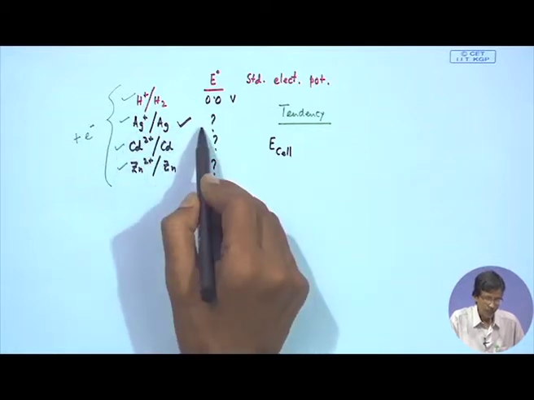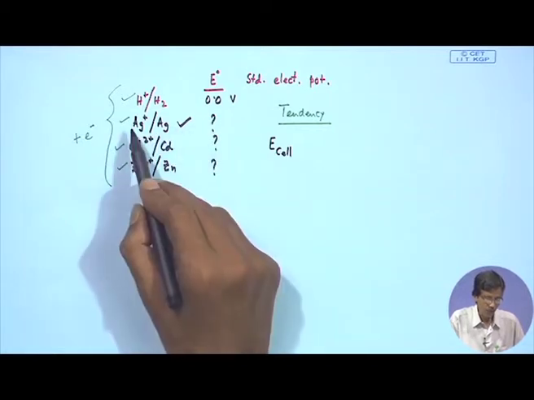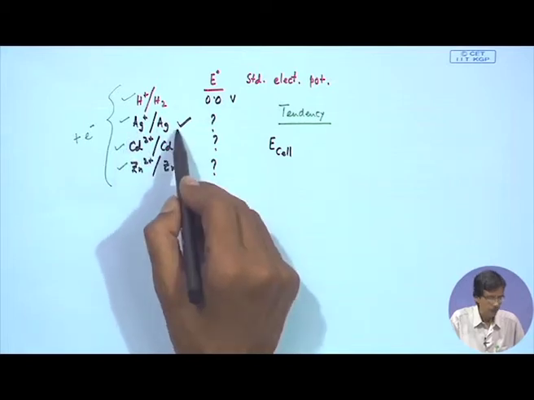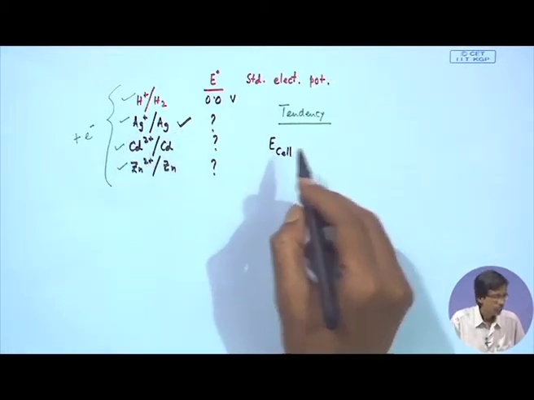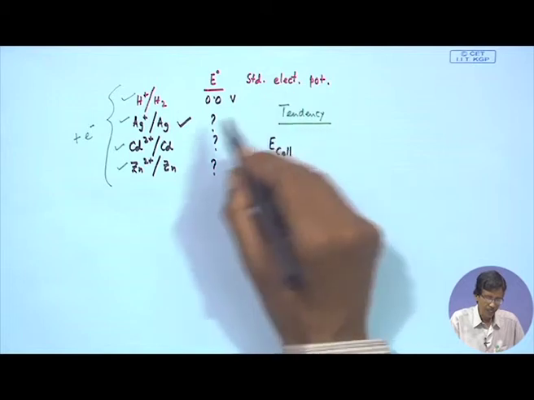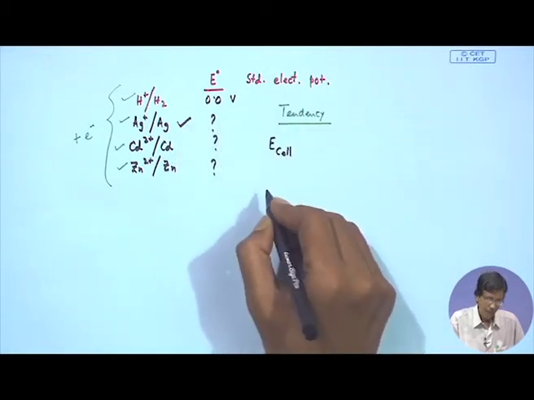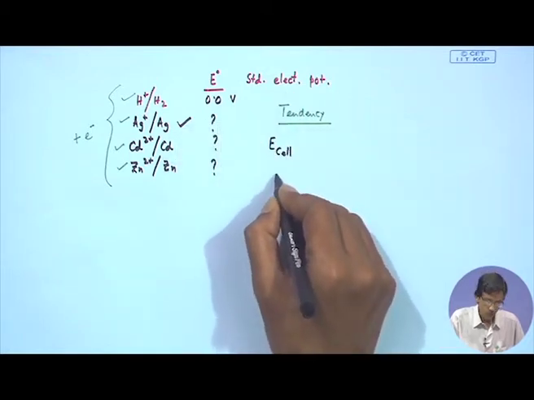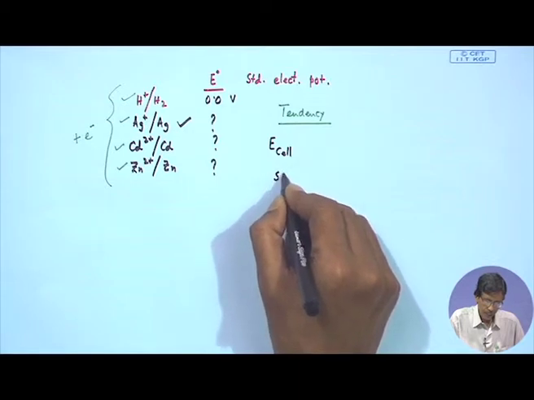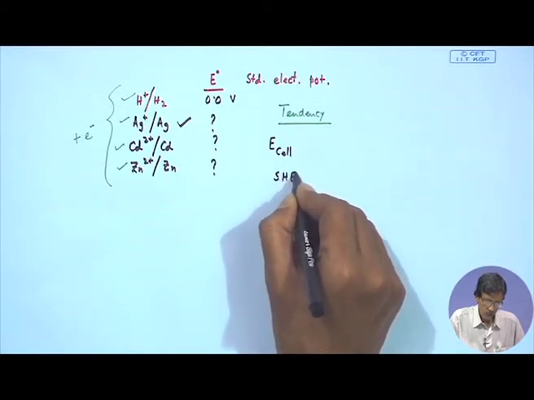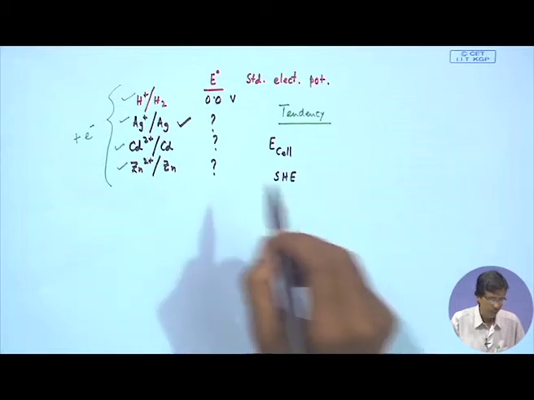The reduction potential for silver ion to silver can be measured by considering the standard hydrogen electrode, not the normal hydrogen electrode.